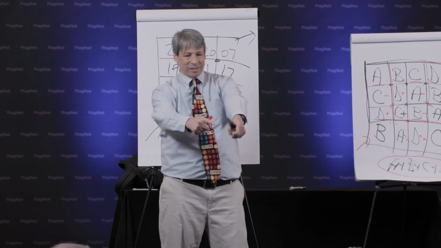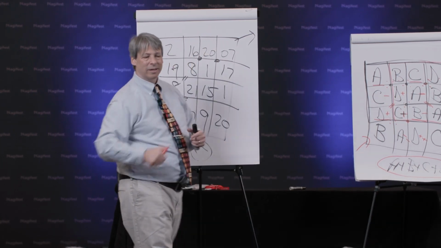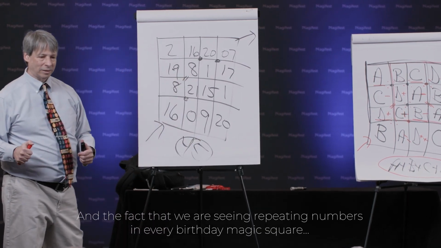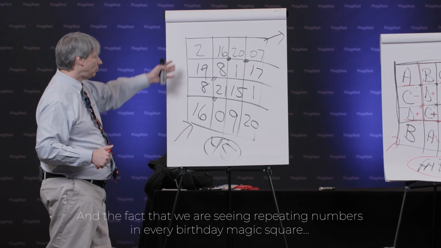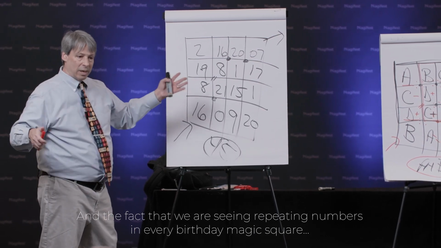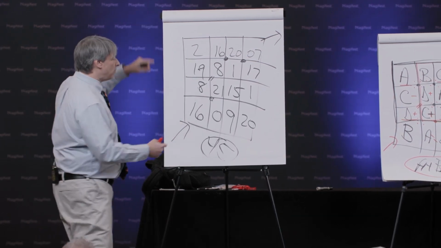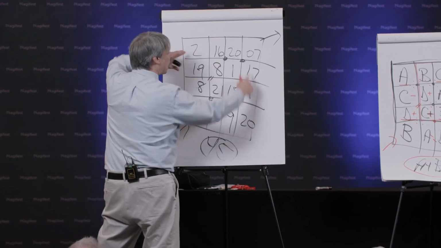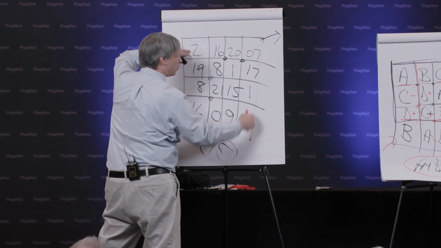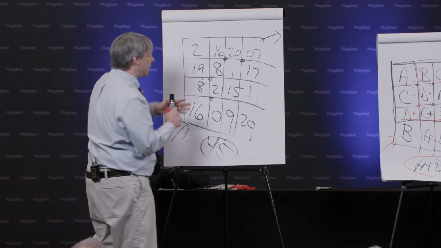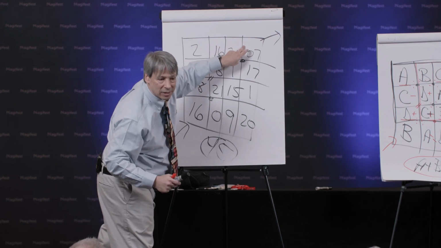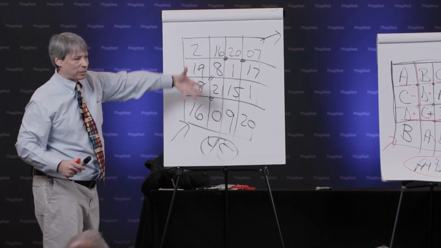And the fact that, I'm sorry, go ahead, Danny. And the fact that we're seeing repeating numbers in every birthday magic square, in a way, it's forgiven because I have the final button at the end, the 2/16/2007. And I say it as 2/16/2007, reminding the audience that it's a birthday.